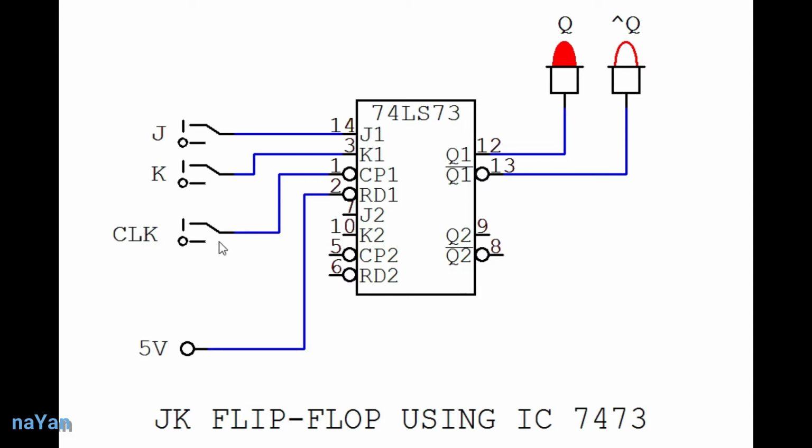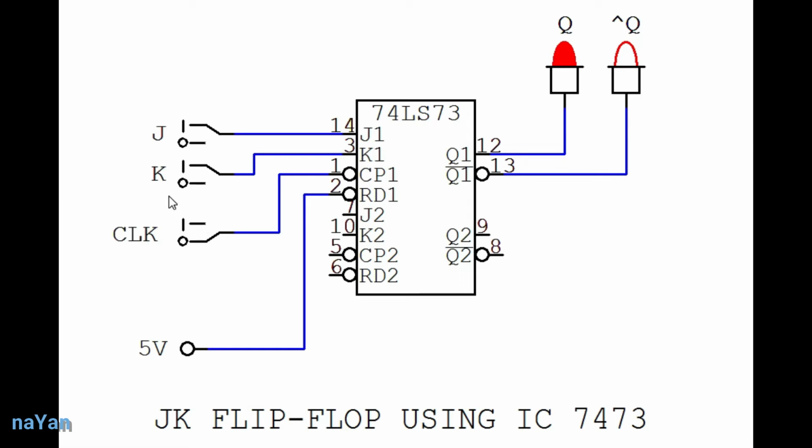So first we apply our clock, see. Now again, if we apply our clock, we should get 1 at the next clock. So at the next clock the case is changed. We can see a toggle case at J equal to 1 and K equal to 1 input. So the undefined situation in the SR flip-flop is overcome in the JK flip-flop. That is the basic simulation of the JK flip-flop.